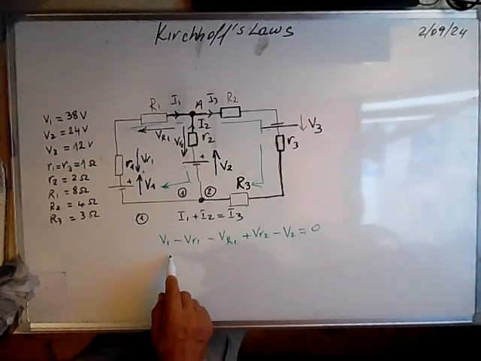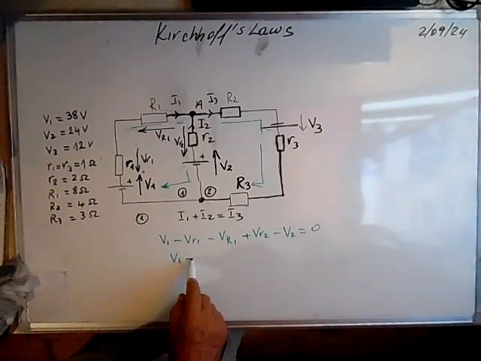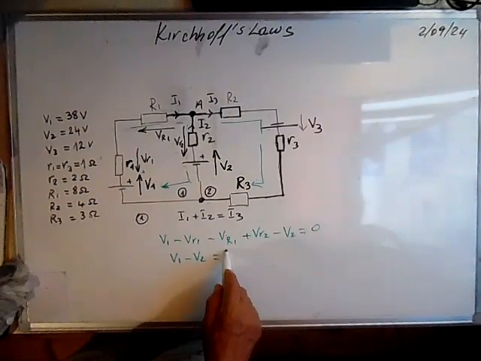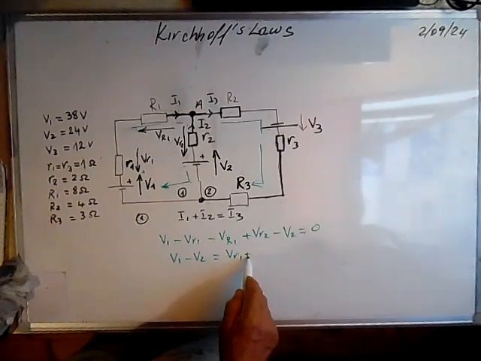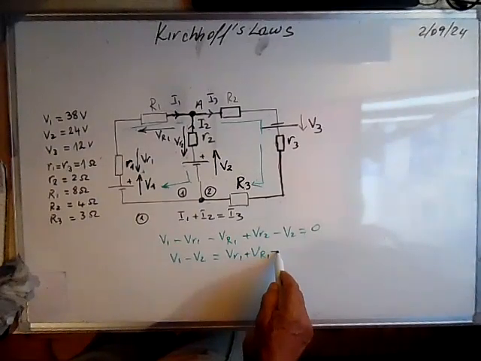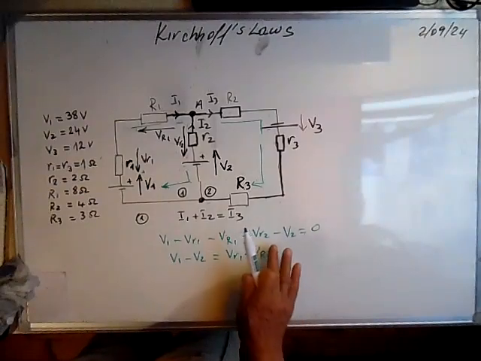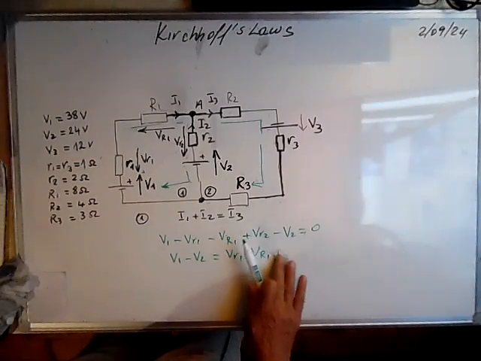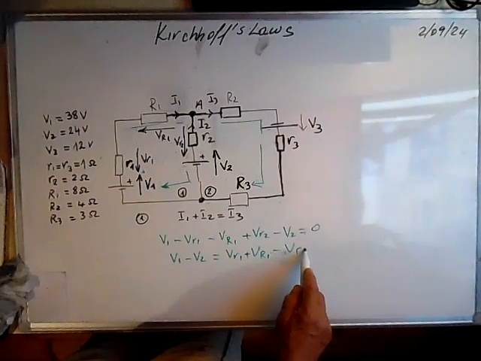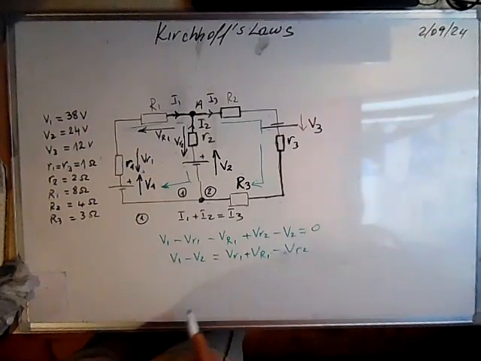So we can write this equation as V1 minus V2 is equal to VR1 plus VR1 capital letter, minus small letter VR2.